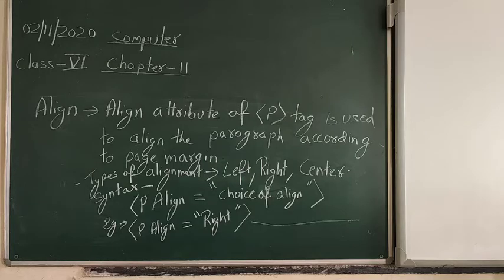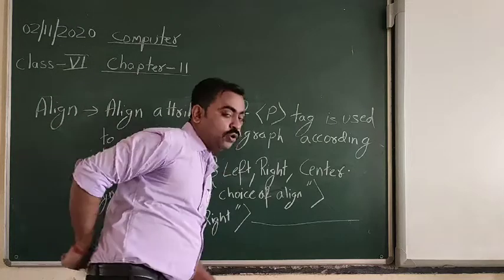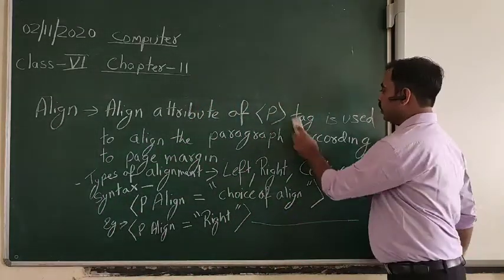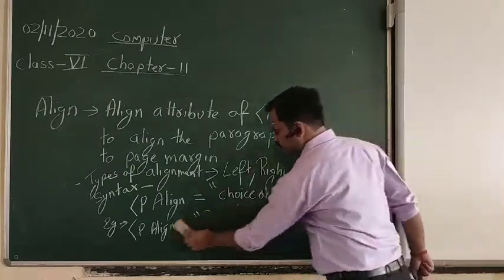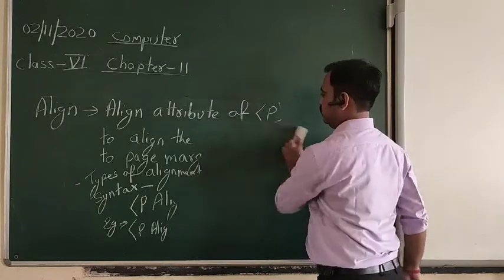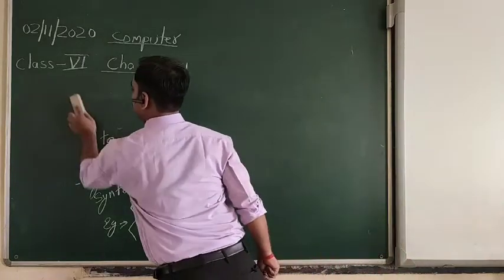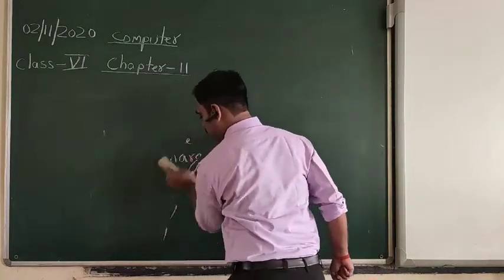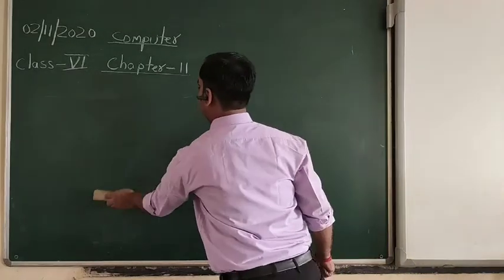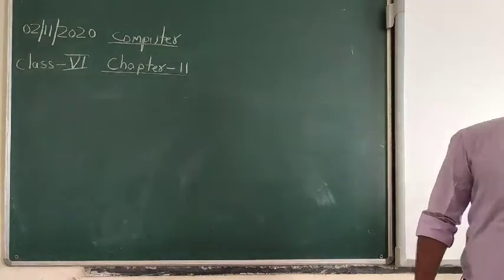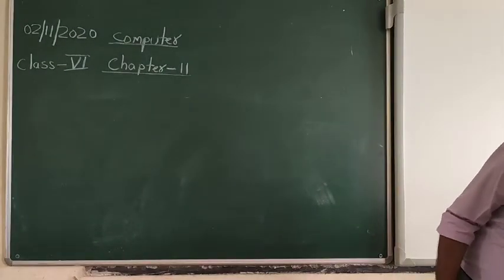Okay, now it is clear to you. The next tag which we will study is the BR tag. Once again, in the paragraph tag it is not necessary to mention the closing of the tag.